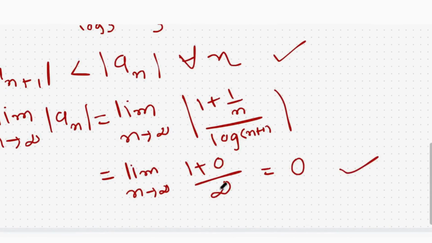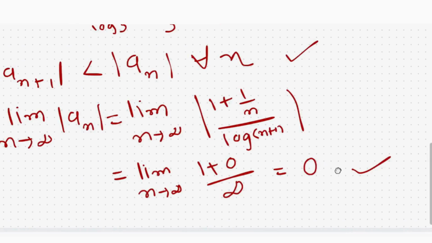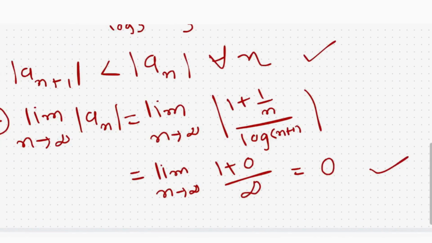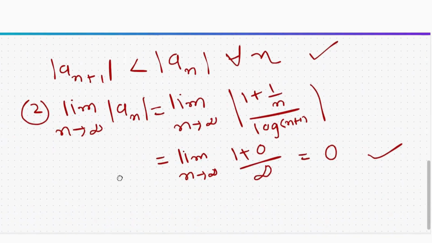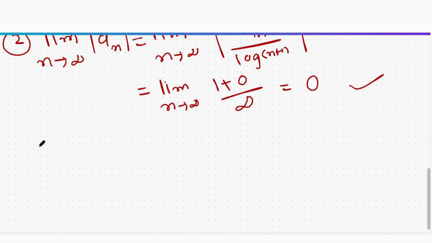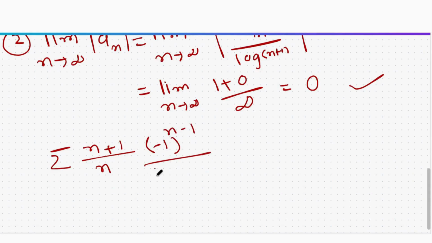Okay, so that's why what we conclude here, we can write: from Leibniz test, we can say that the series n upon n plus 1 upon n minus 1 raised to n minus 1 upon log n plus 1 is convergent.